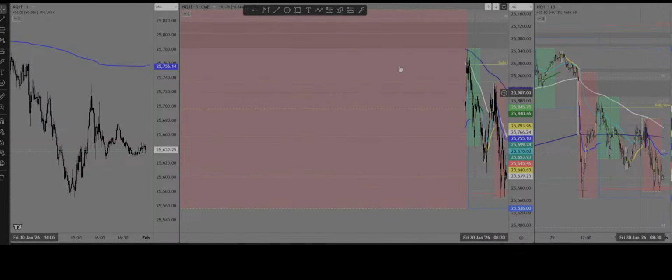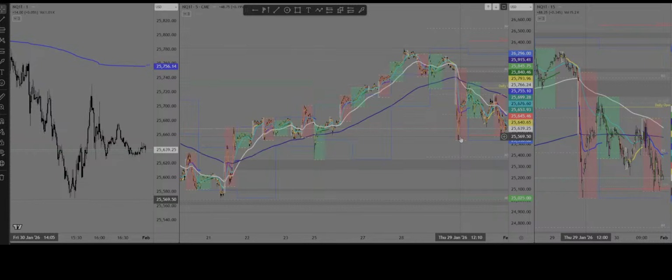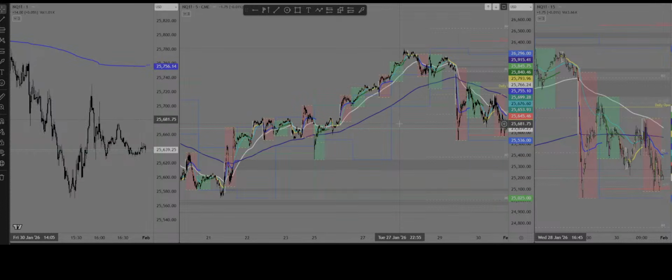Something is going on with my internet. Yeah, this internet is going to kill me. Hold on, I know what I need to do. We'll see if it kicks me off or not. It might just die off for a second.